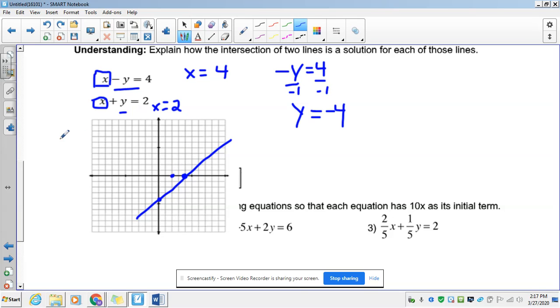Separate your y, and that gives me y equals 2. So now I plot my y value at y equals 2 and figure out where they intersect. By looking at this, they intersect at x is 3 and y would be -1. So my answer for this one would have been 3, -1.